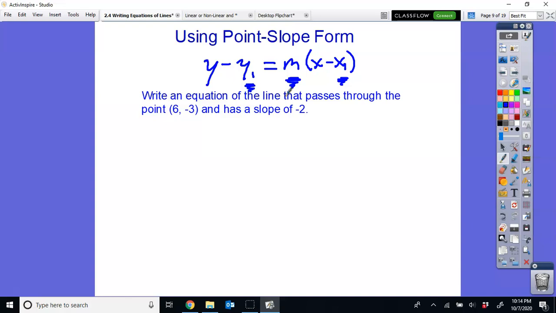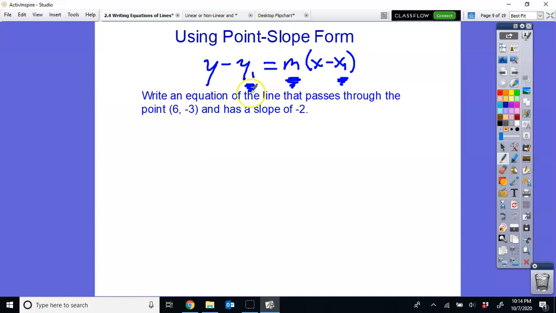Or in other words, in a real life context, it would not be the beginning amount. It's some other amount that's on the line. It's some other amount in the real life situation, but it's not the beginning amount. So we use this point slope form if we have a point and a slope somewhere on the line.